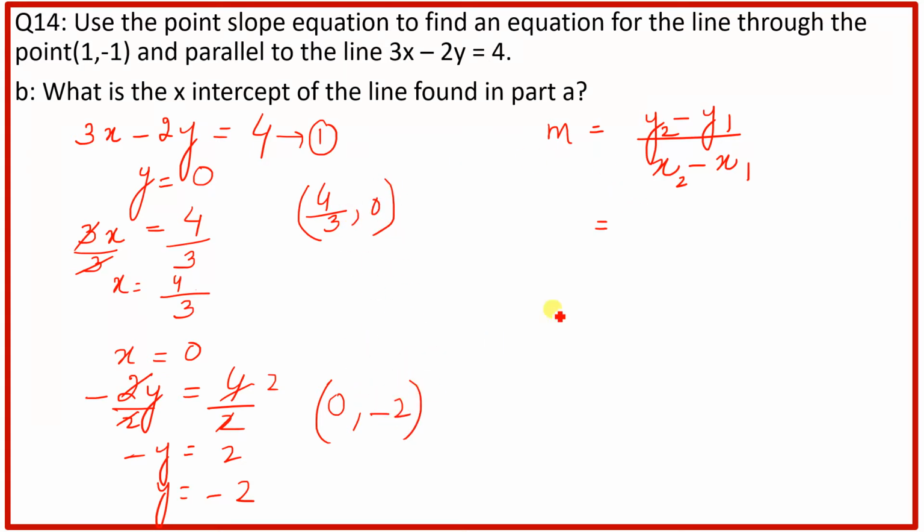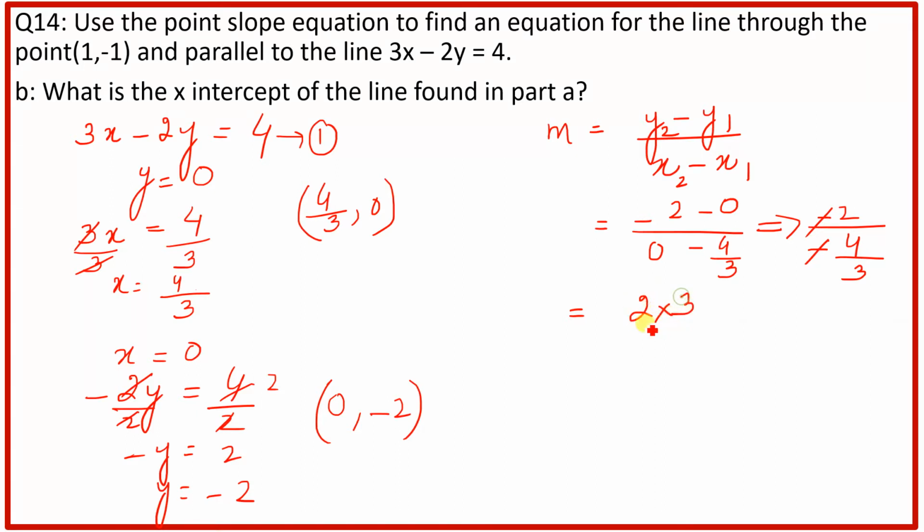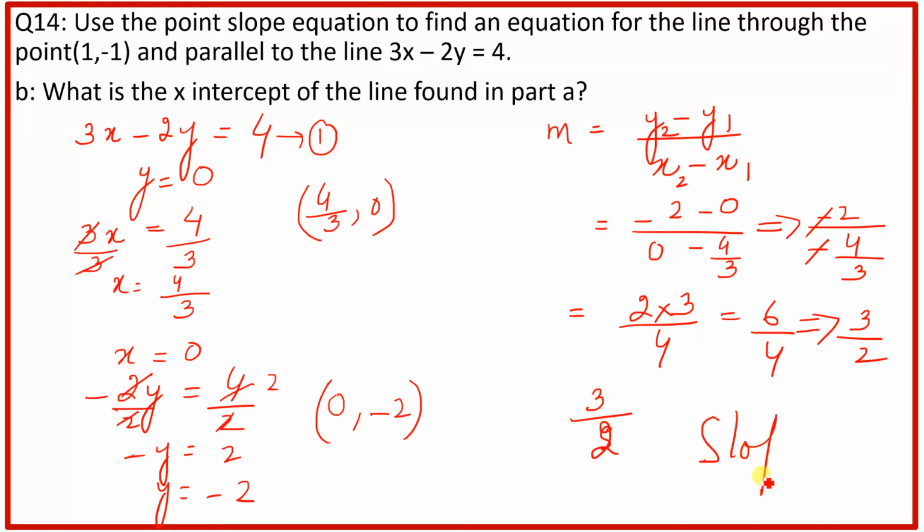So this is negative 2 minus 0, these are y2 and y1, and the same thing here, 0 minus 4 over 3, which implies negative 2 over negative 4 over 3. This negative will cancel each other. Then 2 into 3 over 4, which is equal to 6 over 4, and this implies 3 over 2. So our slope is 3 over 2.